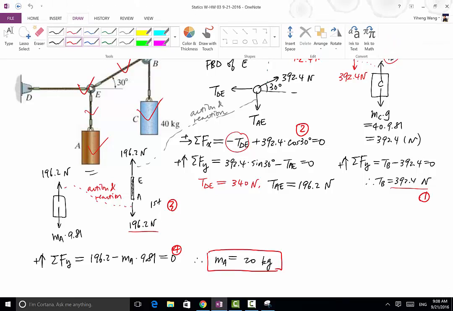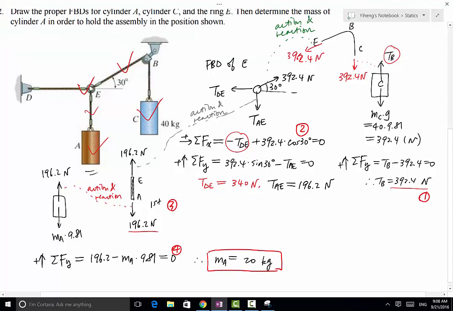But we also applied Newton's third law, action and reaction. This is the first time, between these two, and then the second time, between these two, and then the third time, between these two, and lastly the fourth time, between these two.